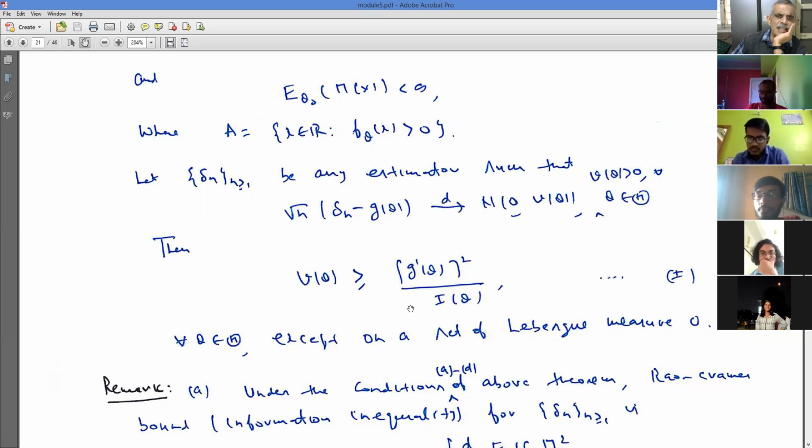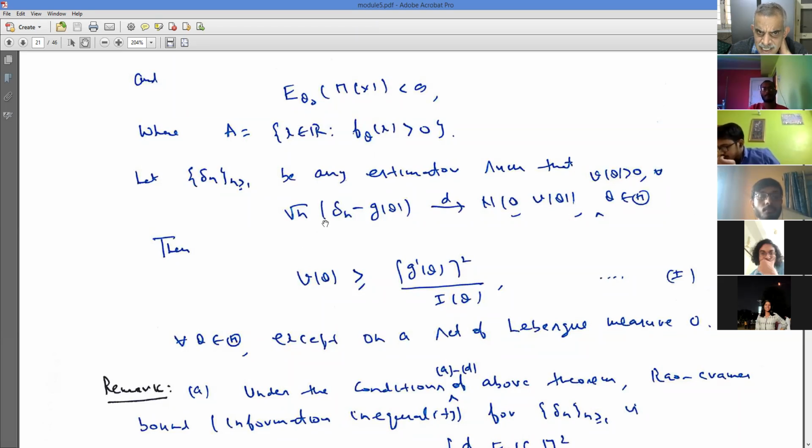You see, heuristically, you always know that if you apply the Cramer-Rao lower bound, any unbiased estimator's variance would always be greater than or equal to g prime theta whole square by n times I theta. So n times variance of that will always be greater than or equal to g prime theta squared by I theta, right?